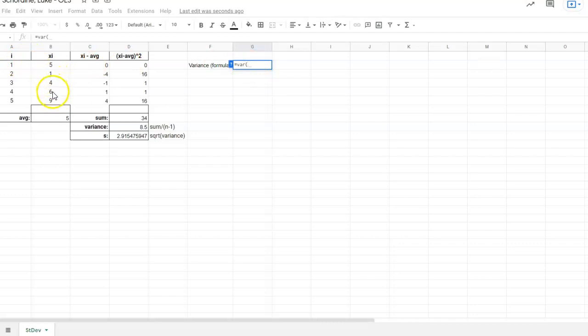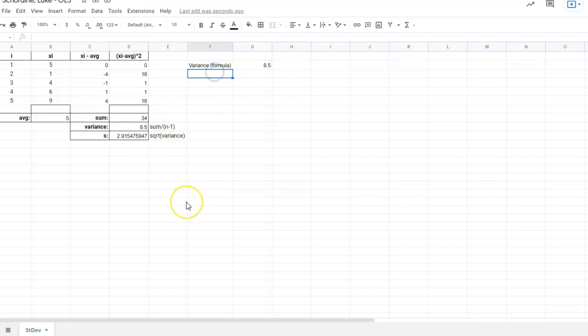So 5, 1, 4, 6, and 9. So I'm going to put in the variance of all of the values from B2 all the way up to B6. And I would expect that once I press enter, I'm going to get the variance, which is, of course, 8.5. So same number from here, same number from here. I got it via formula, and I got it via using the table.